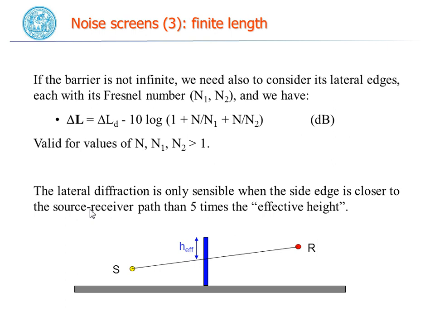If instead you need to consider these two side paths, you have to compute the Fresnel numbers N1 and N2 of the side paths, and then you can compute the total attenuation of the screen as the attenuation obtained considering only the upper side, the one we considered before, minus this quantity.